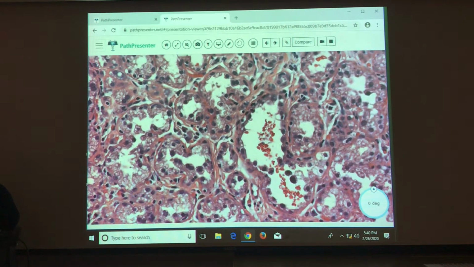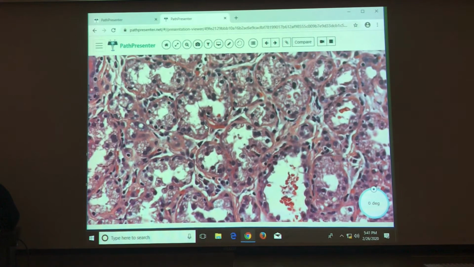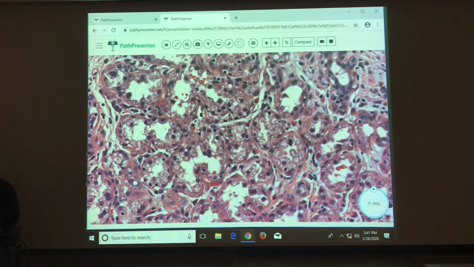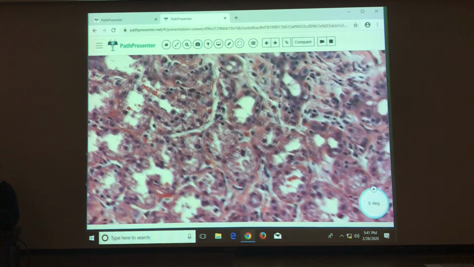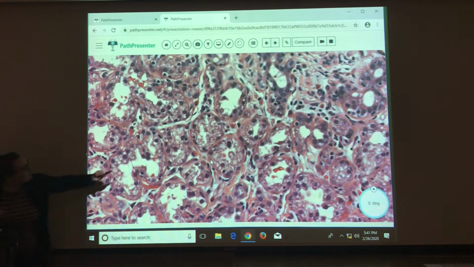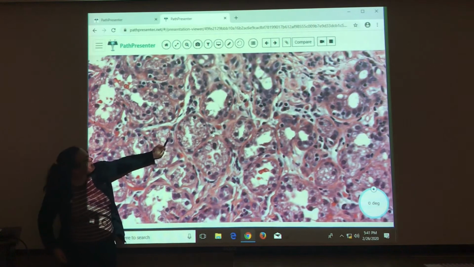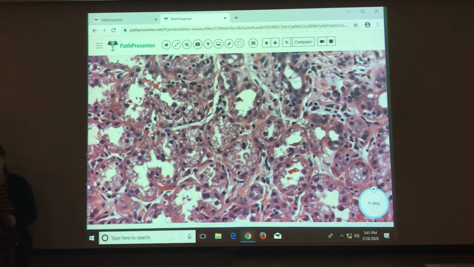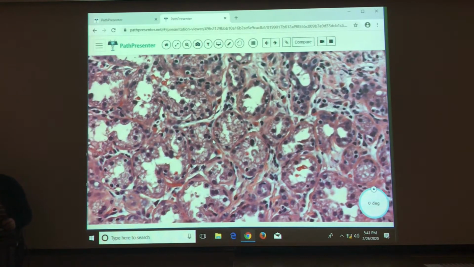I'm trying to see. Is that the highest power I'm gonna let you zoom in on? Okay. It's a little clearer on the computer screen. It's not really projecting. So there's some prominent nucleoli.